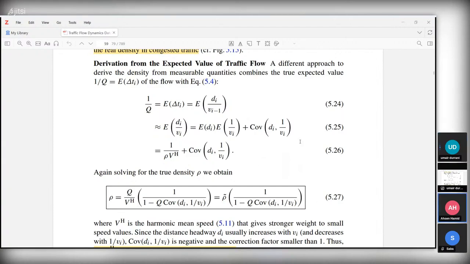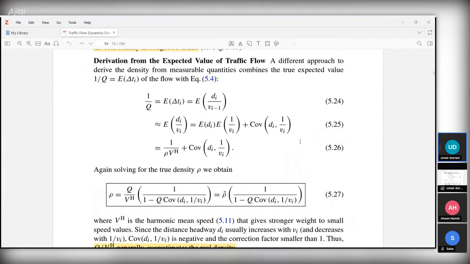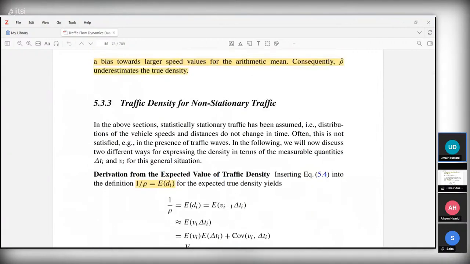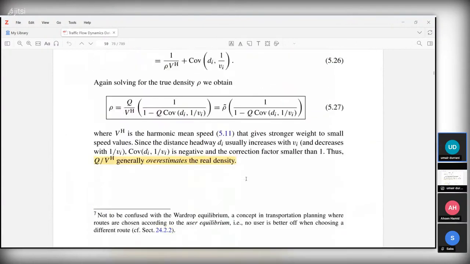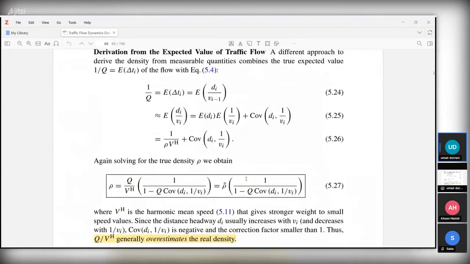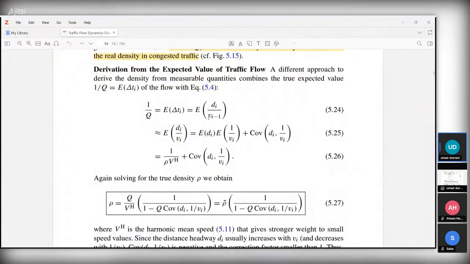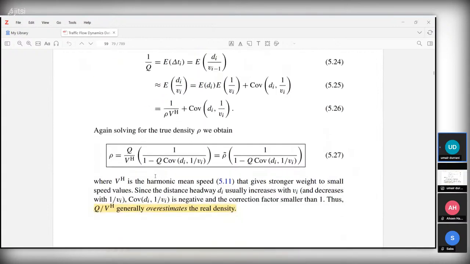Let's continue. So then they do another approach, where it's a derivation from the expected value of traffic flow, instead of what we discussed above, which was based on the expected value of traffic density. We have previously seen this relationship between flow and time headway. Based on that, they come up with this derivation.